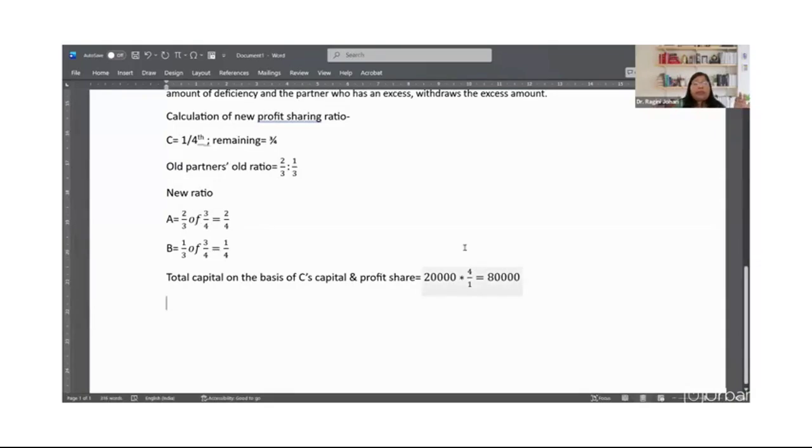Now this 80,000 in 2/4 and 1/4 shares should be brought in by A and B.